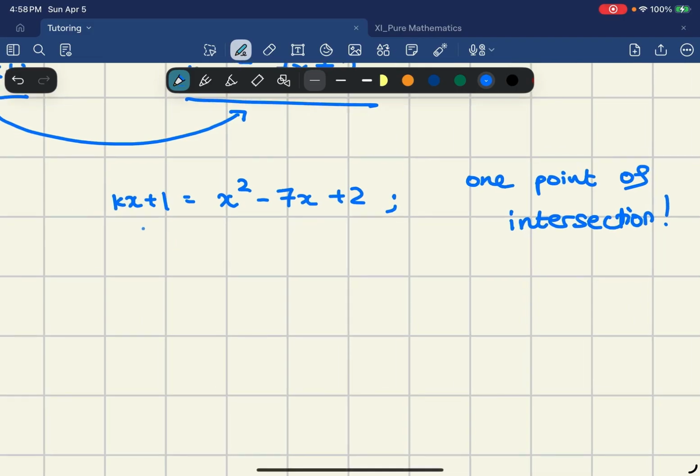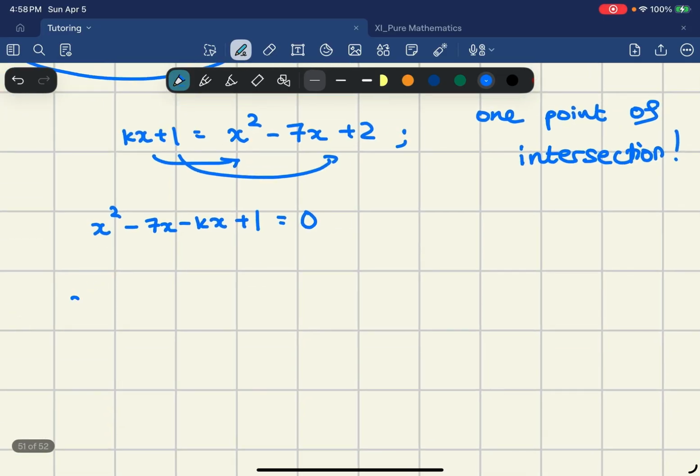So now we can rewrite this equation. Let's take the two terms here to our right-hand side. So we will get x squared minus 7x minus kx, and then plus 2, and if we take 1 to the other side, we get minus 1. 2 minus 1 is just 1, equals to 0. And now our middle term, we can write it as minus 7 plus k, times x, plus 1 equals to 0.